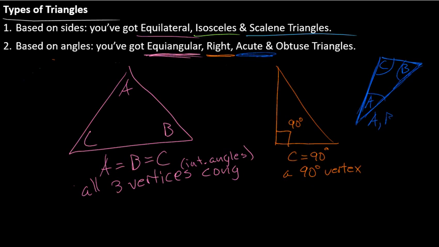A, B, and C are all less than 90. Okay, they're all acute angles. So if you have a triangle where all three vertices are acute, then you have an acute triangle.